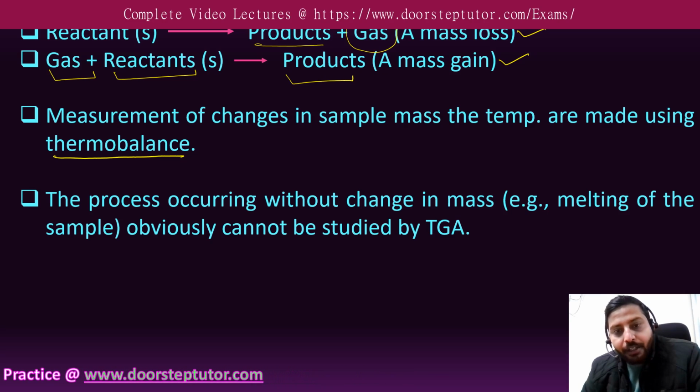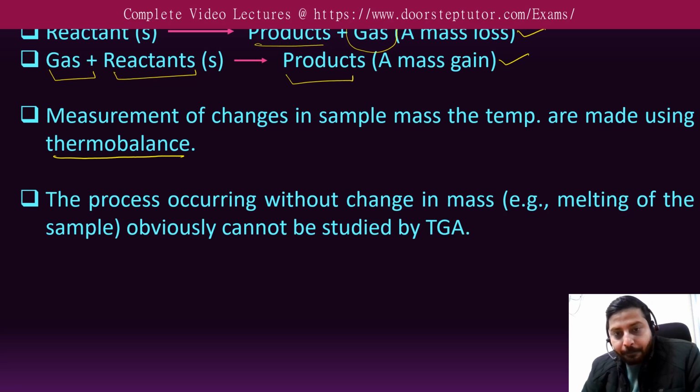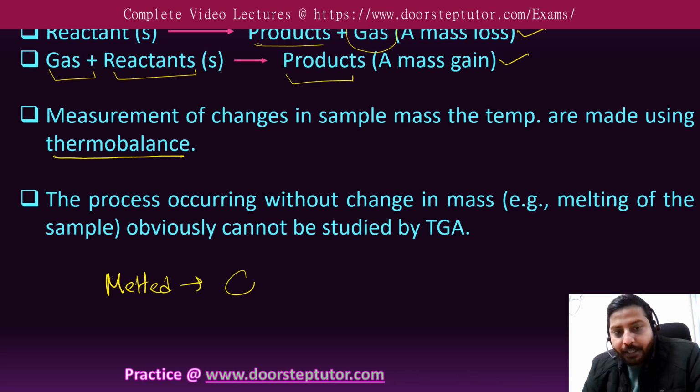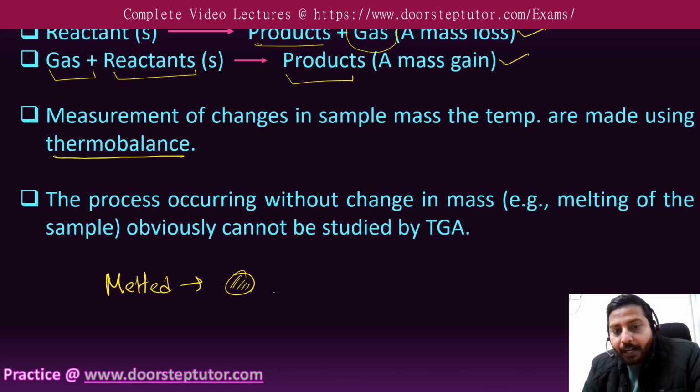Processes occurring without change in mass, such as the melting point of the sample, cannot be determined by this TGA method. What is happening in melting? When a solid sample melts, it becomes a liquid sample.